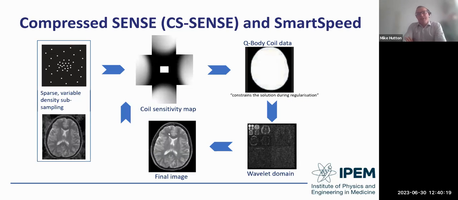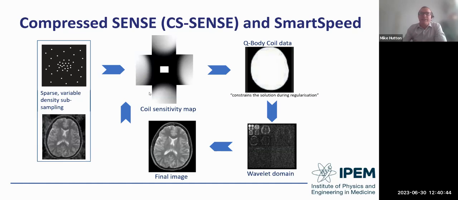So the implementation of this by Philips, they call it compressed sense or CS sense, and it's got the same key components. So we've firstly got subsampling of K-space. So Philips use a sparse variable density subsampling, and there's an example of the sort of image we would see from that acquired data with this smear of noise. Philips use the coil sensitivity map from the sense reference scan.